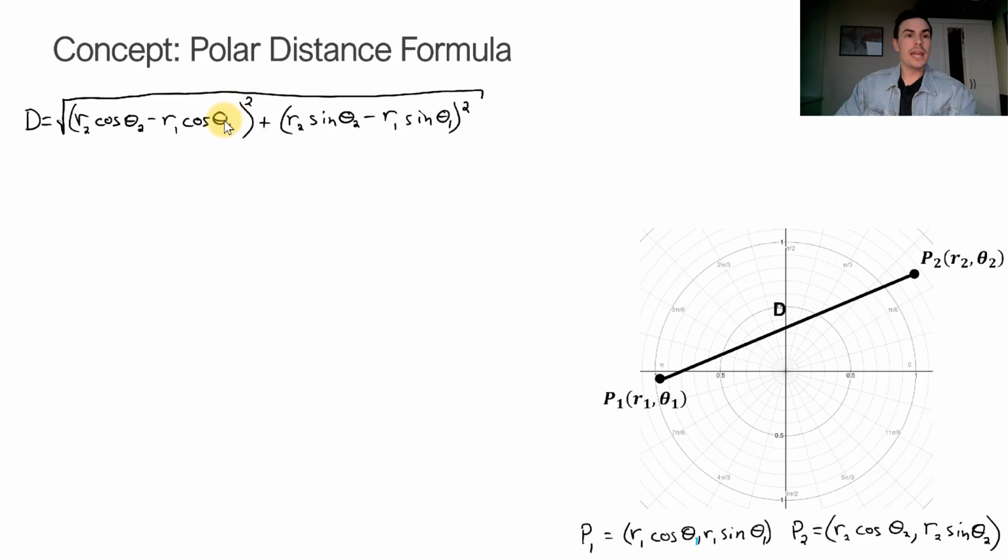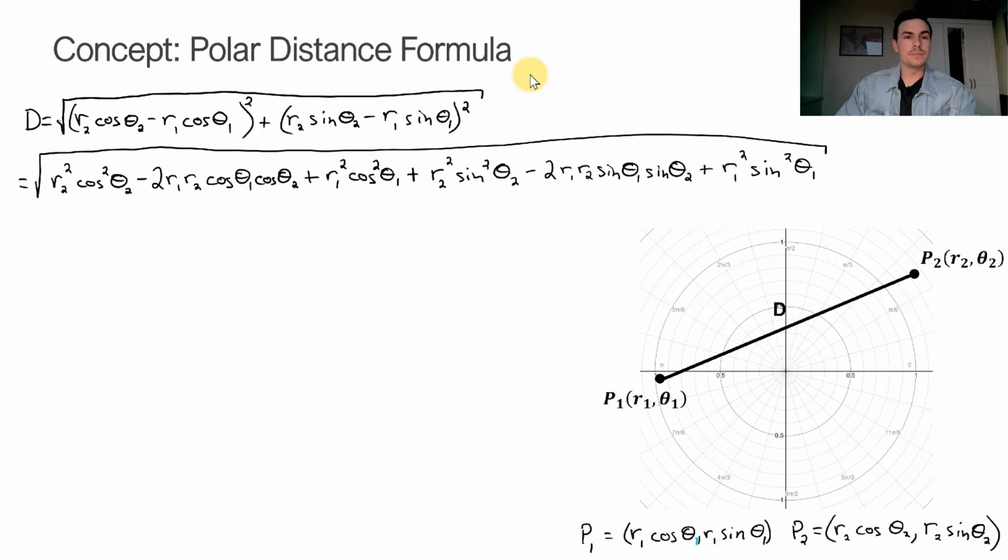If we went ahead and expanded these terms that are being squared here, we would have this whole long thing. I get r2 squared cosine squared theta 2 minus 2 r1 r2 cosine theta 1 cosine theta 2 plus r1 squared cosine squared theta 1.